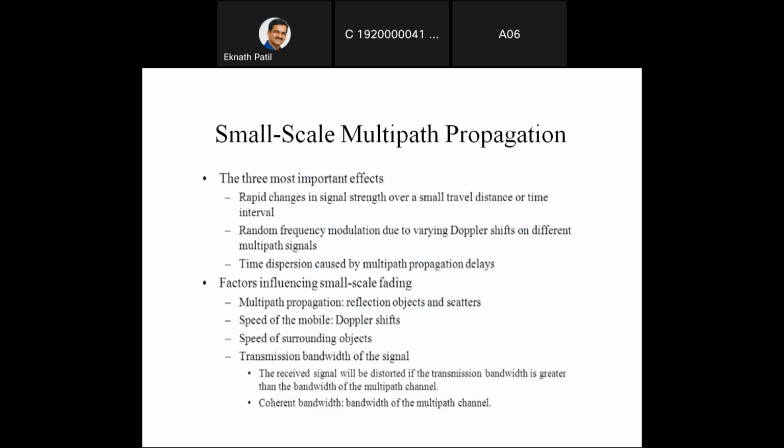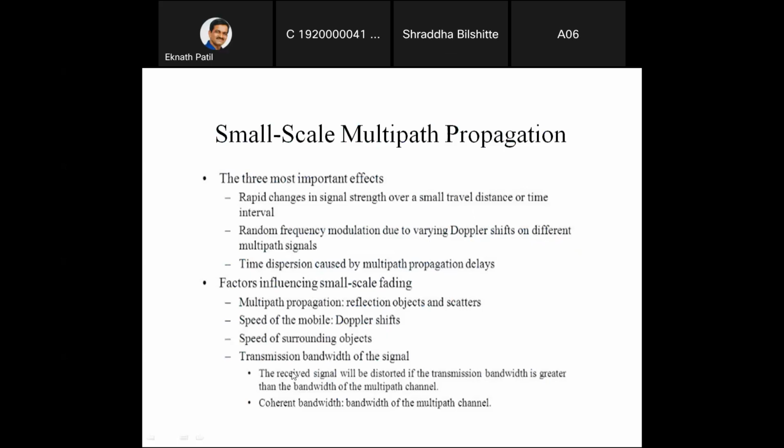Second thing is the speed of the mobile, which is accountable for the Doppler shifts. Speed of the surrounding objects is nothing but whatever objects are there on the highway. If you are traveling, whatever vehicles are traveling in the vicinity also come into the picture. So, speed of the objects and transmission bandwidth of the signal.